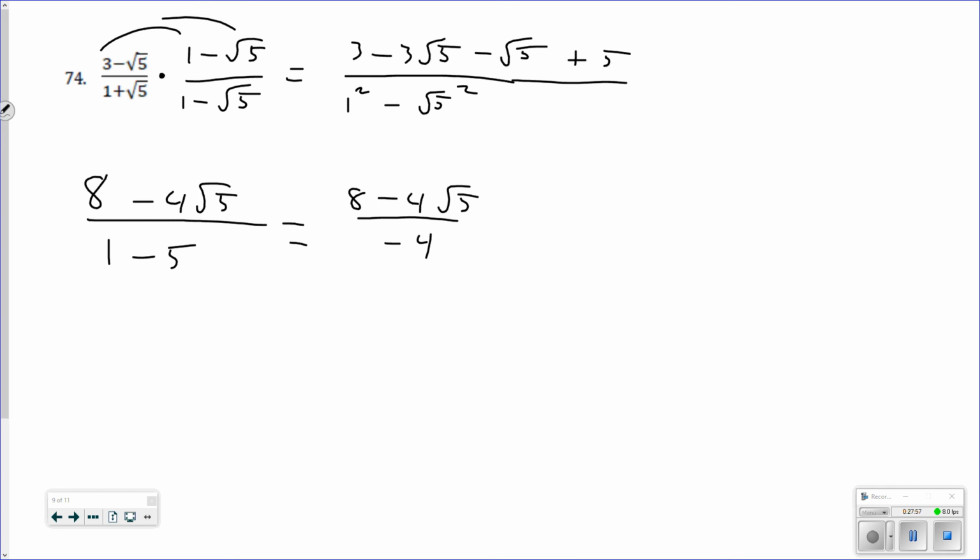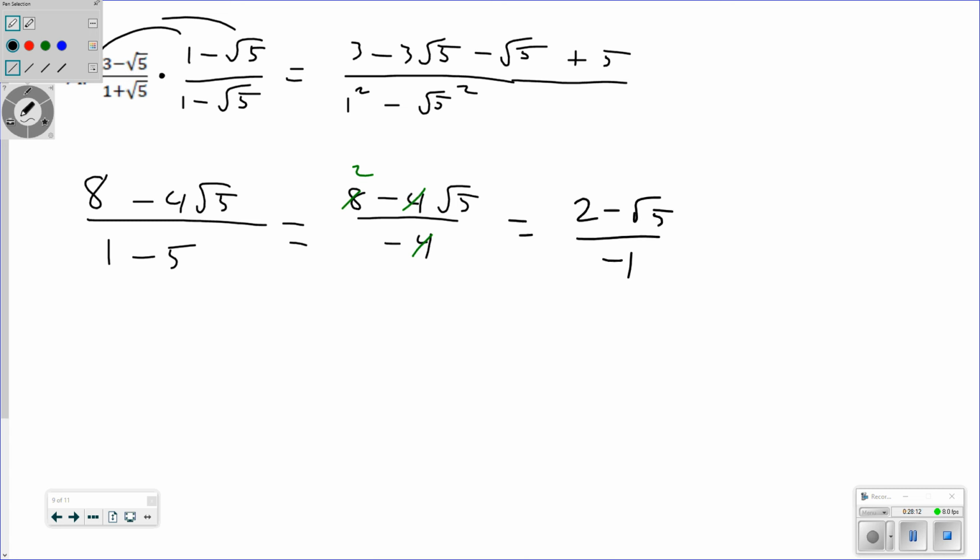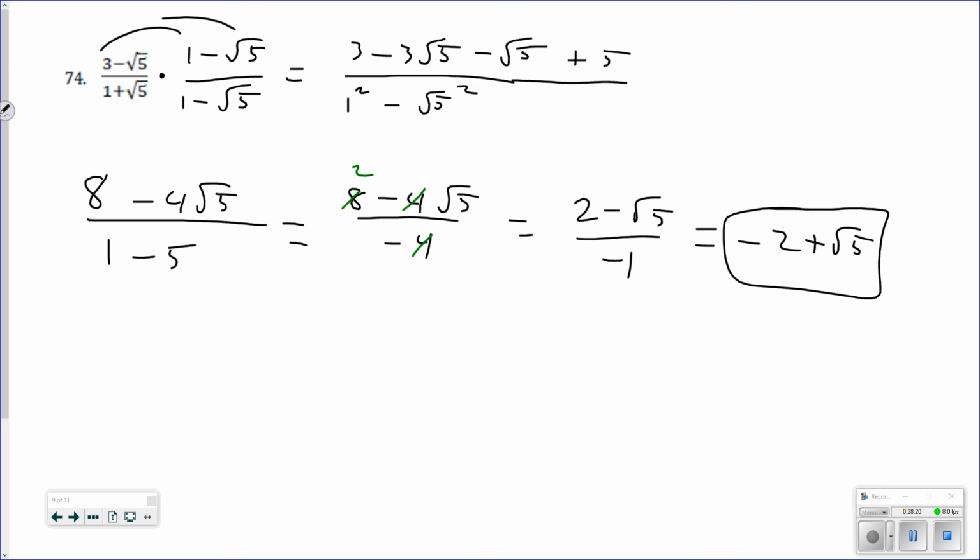These are all divisible by 4, so divide everything by 4. And you get 2 minus root 5 all over negative 1. It's just changing the sign, so it's negative 2 plus root 5.